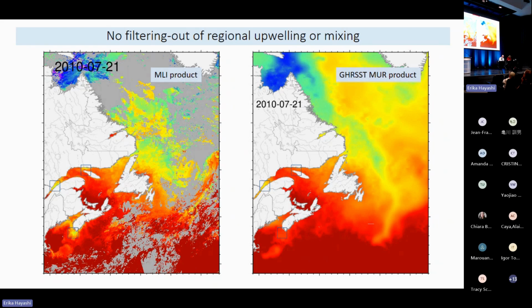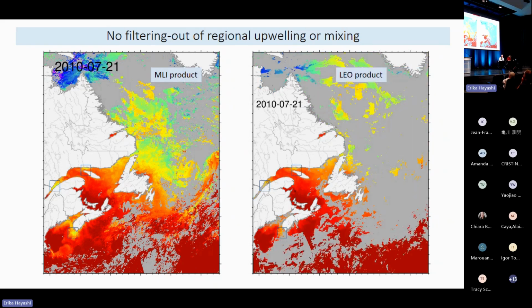So if I'm blending MUR with our standard climatology, this would always show up as hotspots, which we don't want. But the Star Leo product was one of the ones that we tried out, and it seemed to be less affected by this.